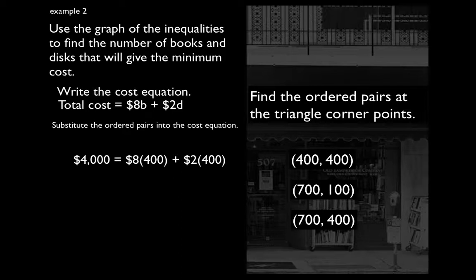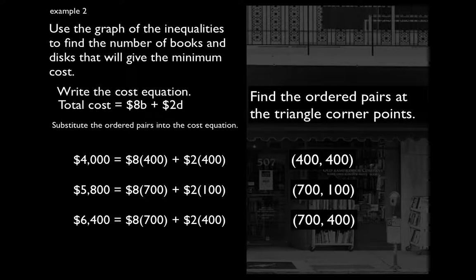So the first point has a value of $4,000. The second point, 8 times 700 plus 2 times 100, is $5,800. And the total cost for our third point, 8 times 700 plus 2 times 400, is $6,400.